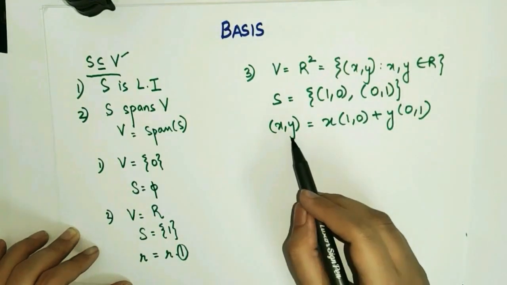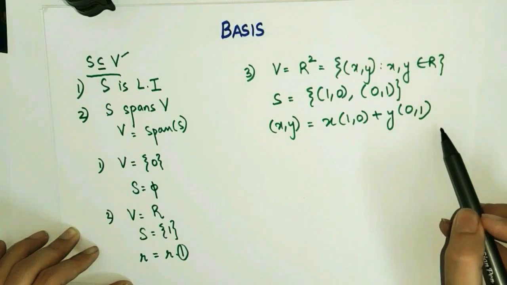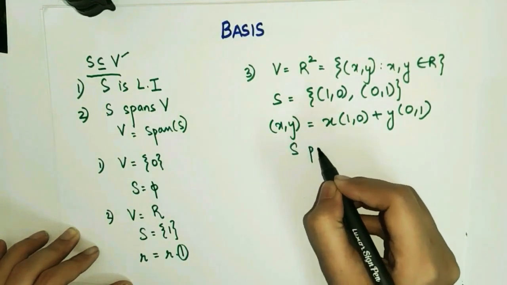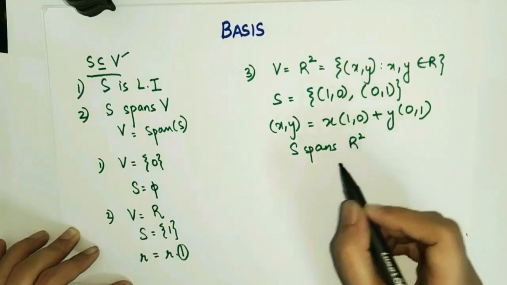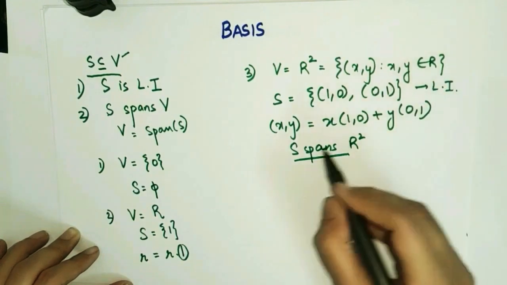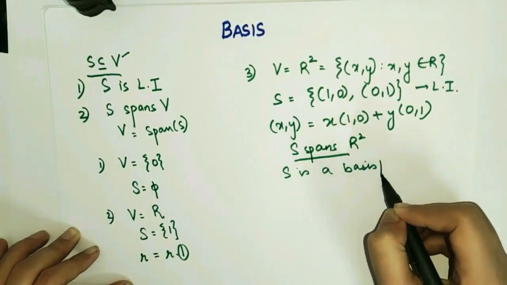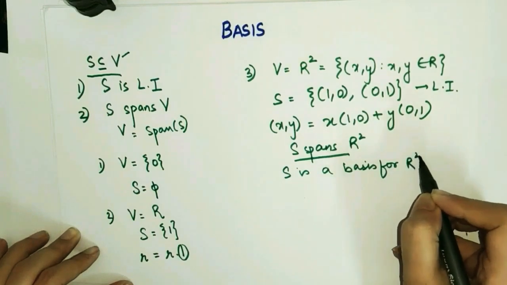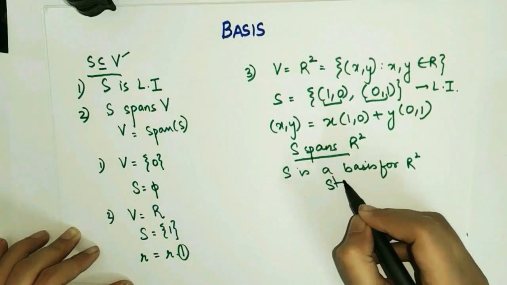So any (x, y) can be written as a linear combination of (1, 0) and (0, 1). That means S spans R2, and S is linearly independent, so S is a basis for R2. Such a basis is called the standard basis.